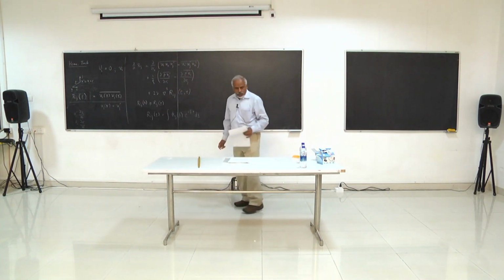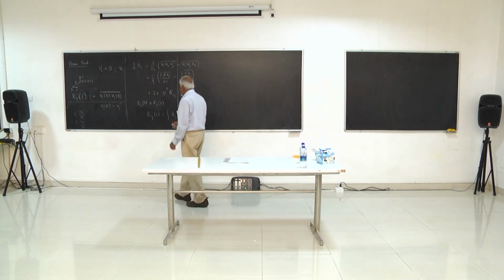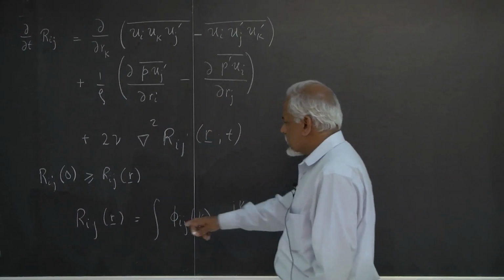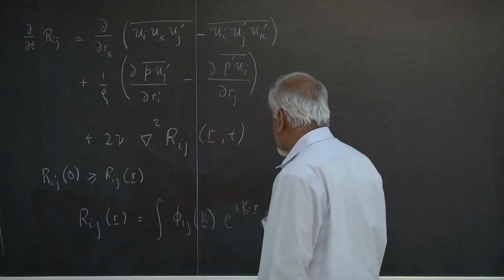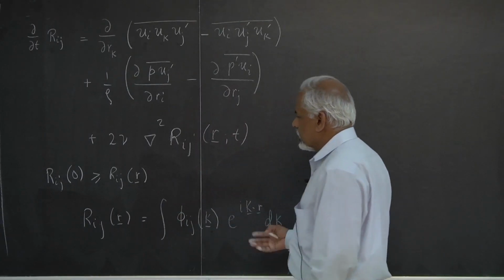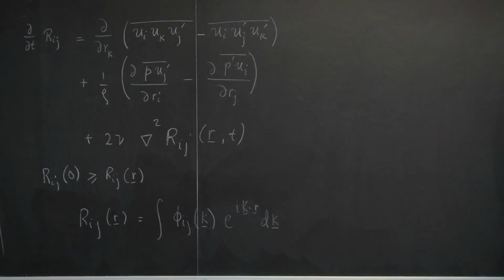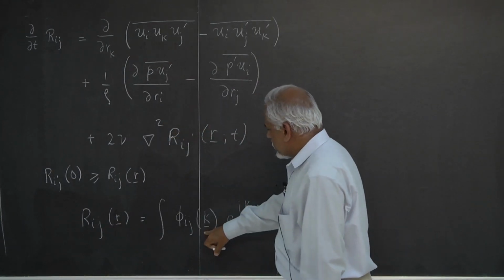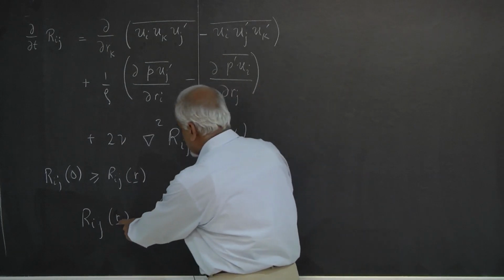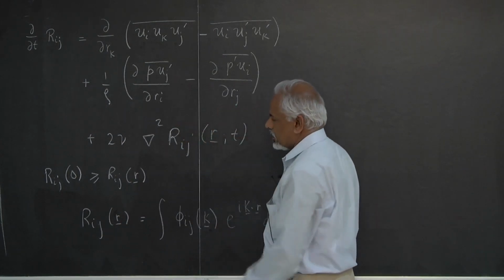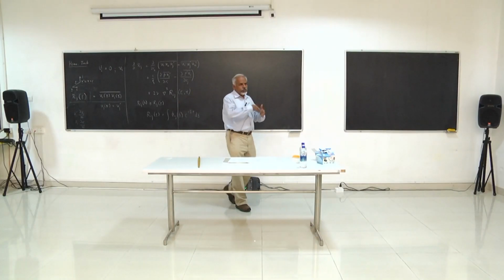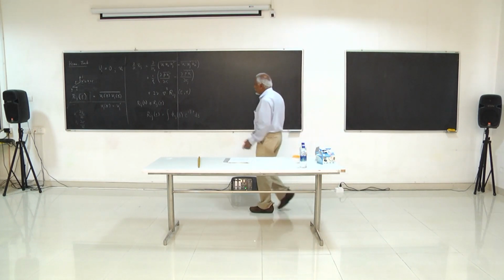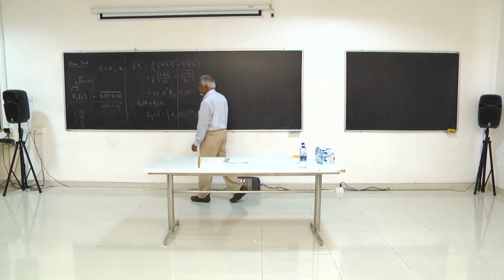If you have a fixed domain, you could represent Rij by some Fourier series, but this is a more reasonable way to do it. Phi ij is the Fourier transform of Rij, and this variable k is the conjugate variable to r, the wave number. So in a certain size r, you can fit a certain number of waves, and the number is simply related to this k.